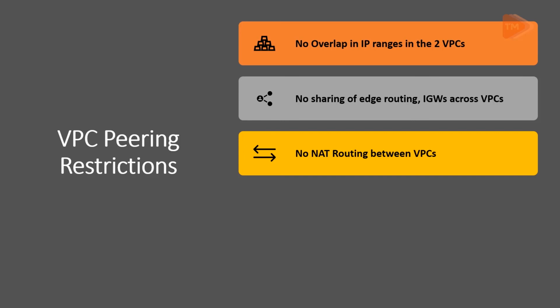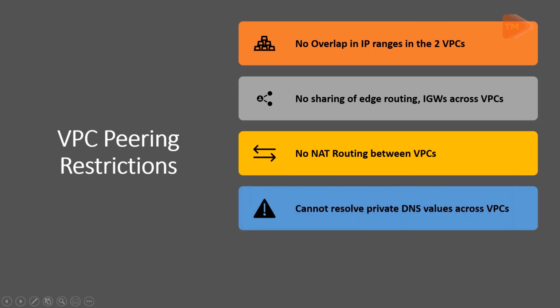If you have a NAT gateway or NAT instance in VPC 1, you cannot tell the VPC 2 EC2 instances to have a route to that. Now it cannot resolve private DNS values across VPCs, obviously, because these are actually different networks. It is just a feature that allows you to connect and make it believe that it is a single private network.